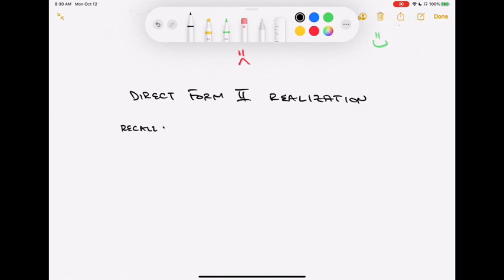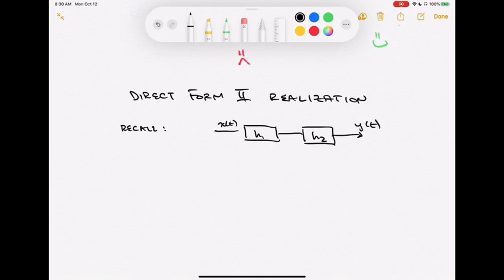Recall that if I have a signal x of t feeding into a system, I'm going to call it H1, that feeds into another system, H2, and gives me an output y of t, right? This is a realization of systems in series.